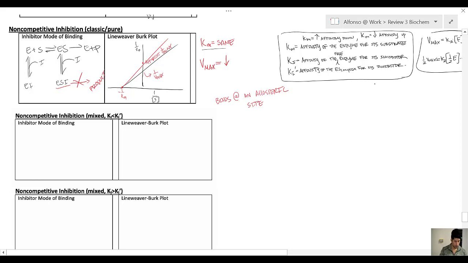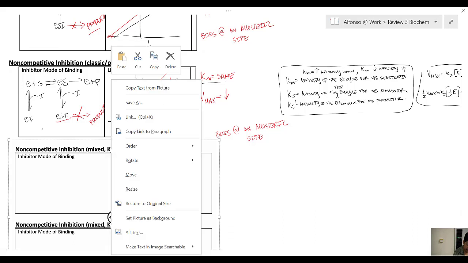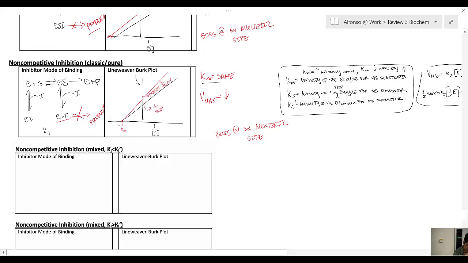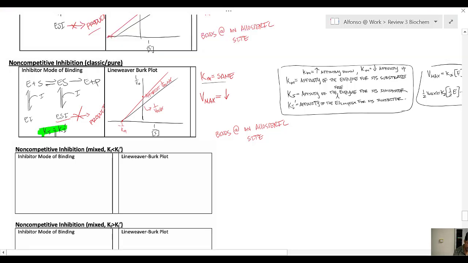These right here are all very important for you to know. So with non-competitive classic pure, what you have is an inhibitor with Ki equal to Ki prime.